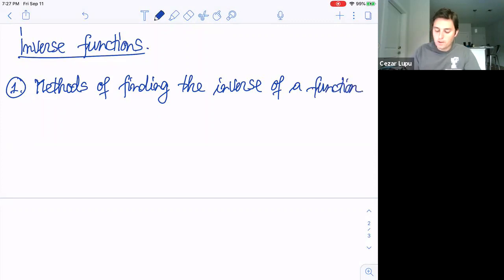All right, let's see. So how do we find the inverse of a function?